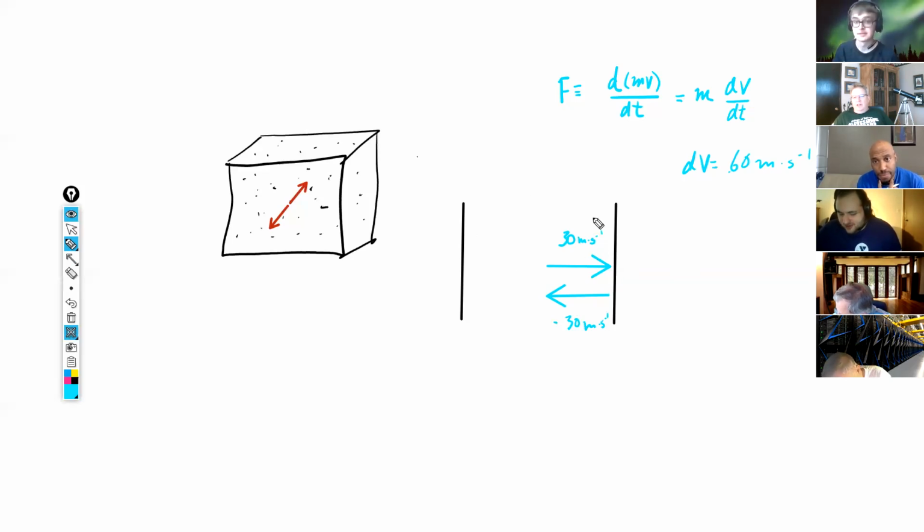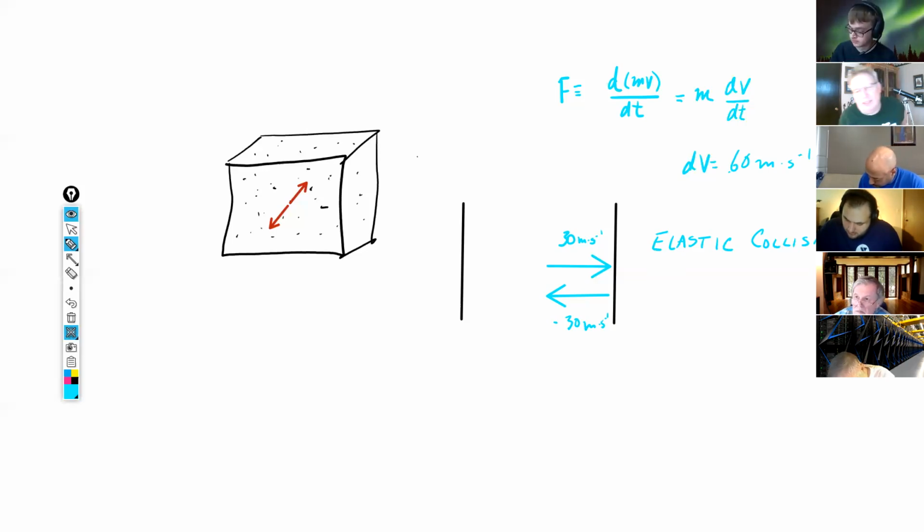Now, there's a couple of things that we have to assume. Number one, this is in what we call an elastic collision. The molecules undergo an elastic collision, meaning they don't slow down.